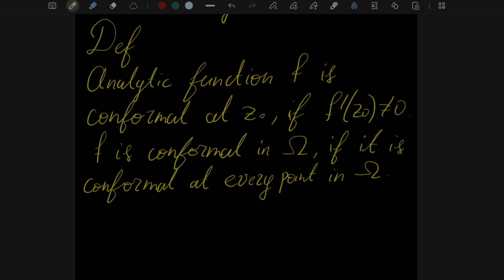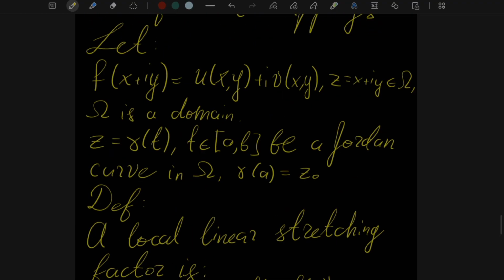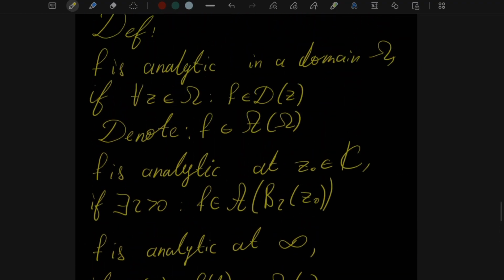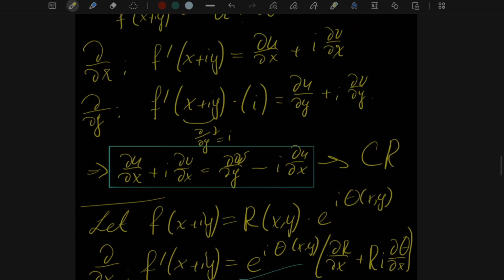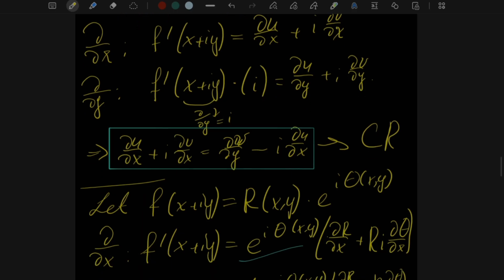But before we continue, I'd like to mention something. I kind of forgot about some stuff and made some mistakes. First of all, it is supposed to be du by dy here.